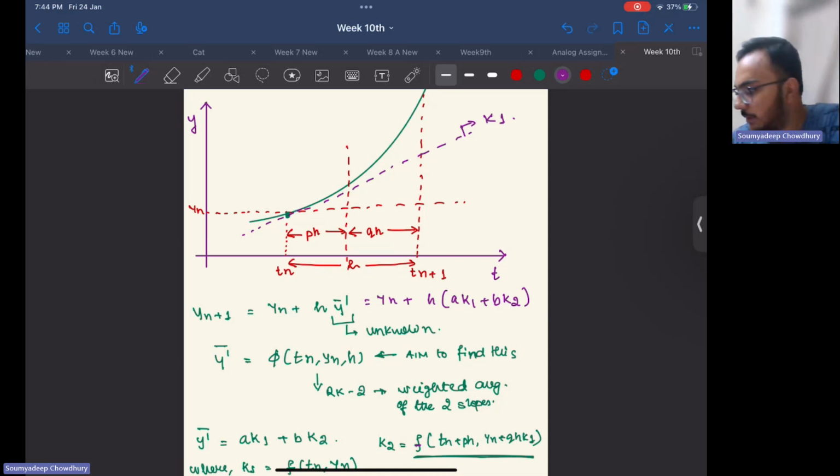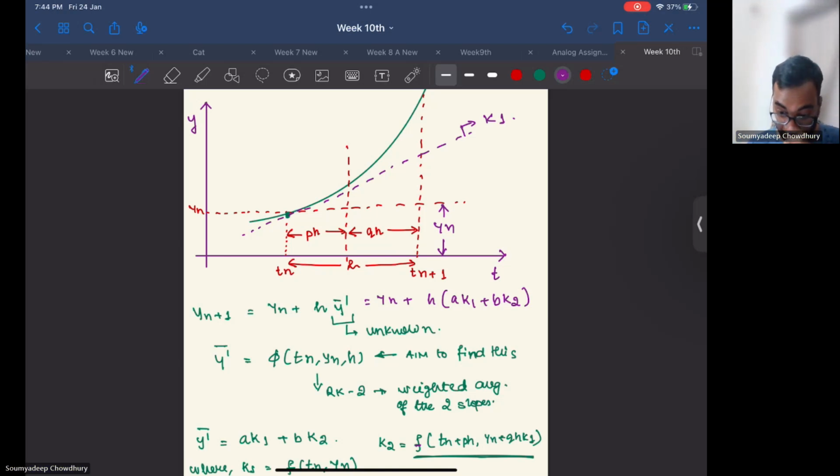So this is my yn, we needed yn plus qh k1. So this is qh, right? This length is qh and this is ph. So if this is the slope, this total thing is h, right?